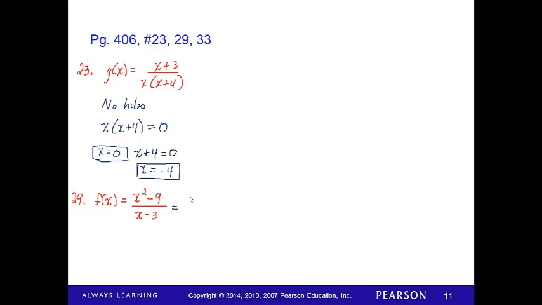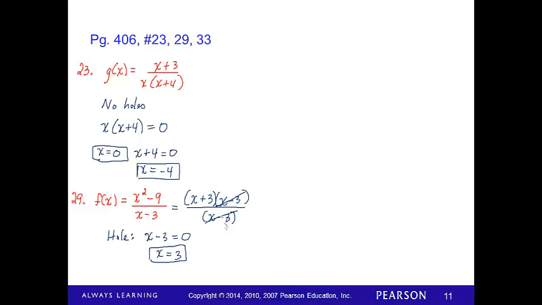Well, x squared minus 9 factors into x plus 3 times x minus 3, all divided by x minus 3. Okay, so we see a common factor, and that is x minus 3. So let's cancel those out, which means we have a hole at x minus 3 equal to 0. And that's where x equals 3. So you have a hole at x equals 3.